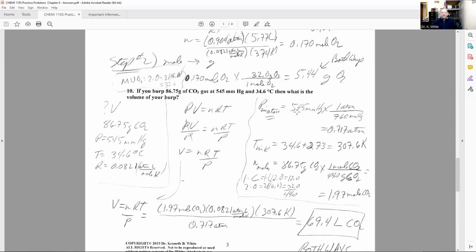To go from millimeters of mercury to atmospheres, use a ratio. Use your good friend, unit analysis. Whatever you're trying to get to goes on top of the ratio, atmospheres. Whatever you're trying to get rid of goes underneath, millimeters of mercury.